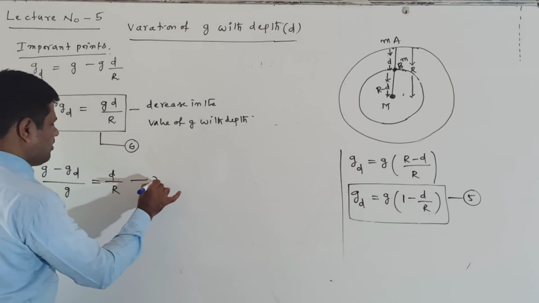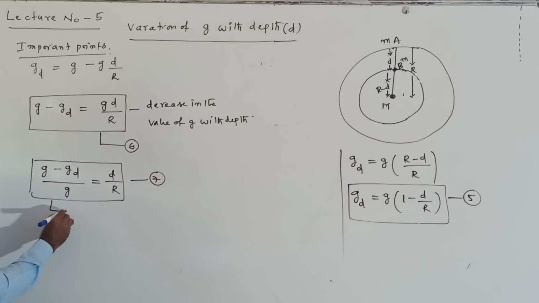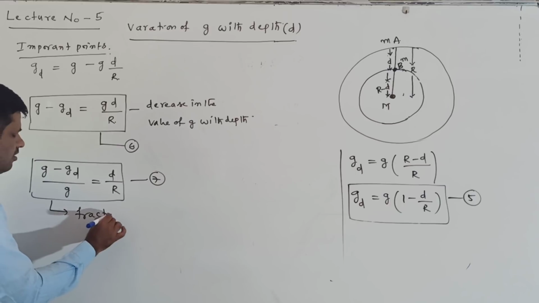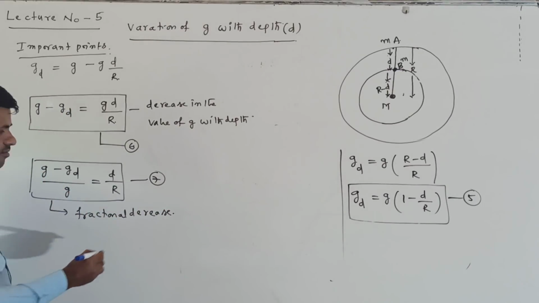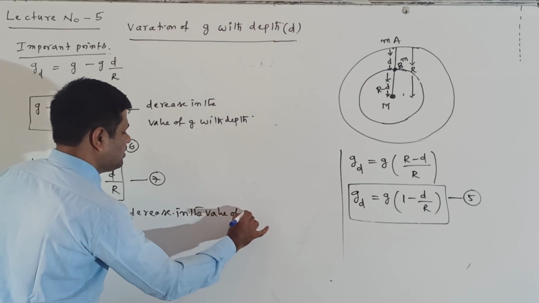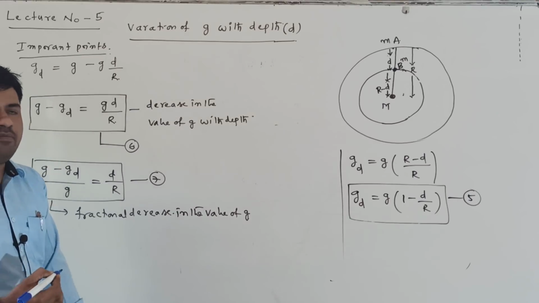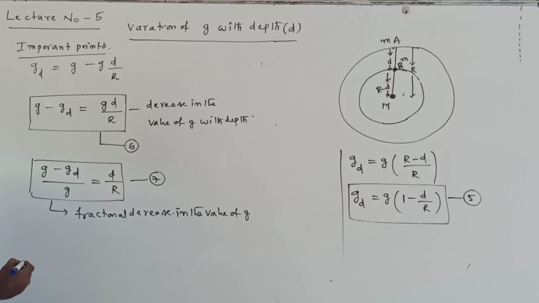This is given as equation number 7. This is called the fractional decrease in the value of g with depth. Fractional means dividing. In the previous formula it was with height; this is with depth. Next formula I am writing here.